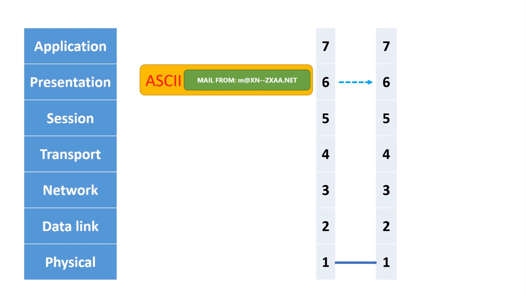So logically, we have now told the presentation layer we have something encoded in ASCII, and the presentation layer on the receiving end will be able to look at that, see, I know what that means, and it will be able to translate it back to the Greek characters when it passes the message up to layer 7 at the destination side.